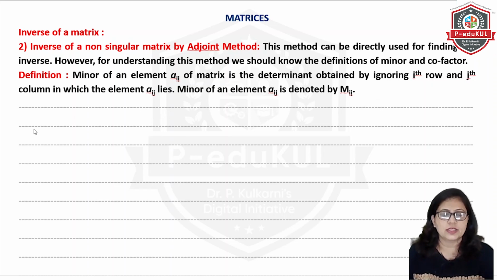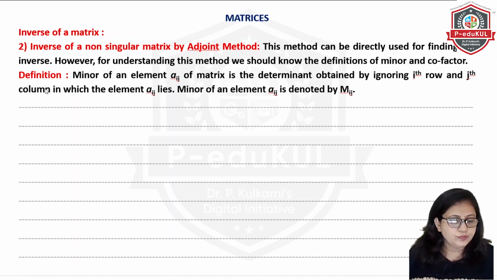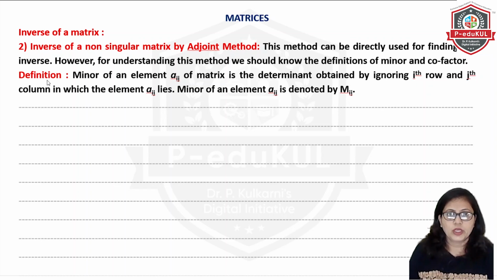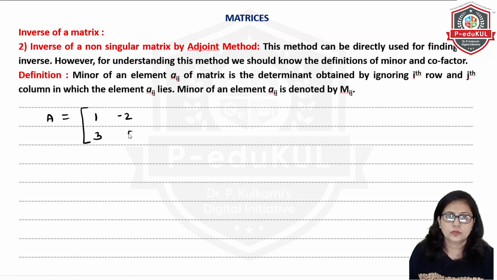So let me take one simple example. Suppose this is my matrix of order 2 by 2, and I want to find out minors for this.